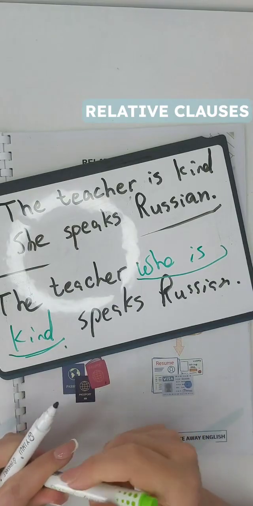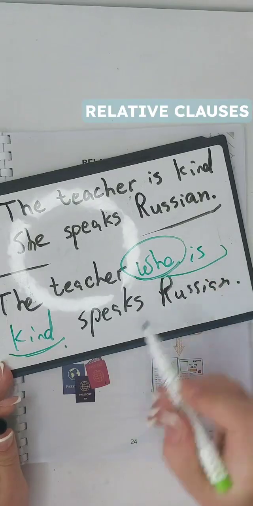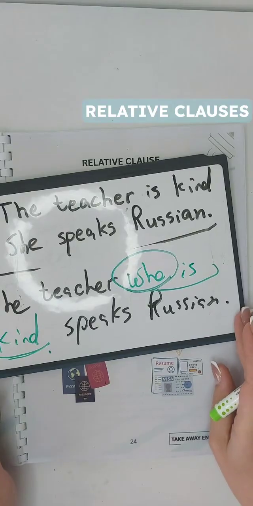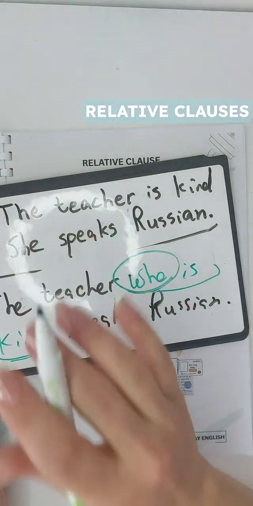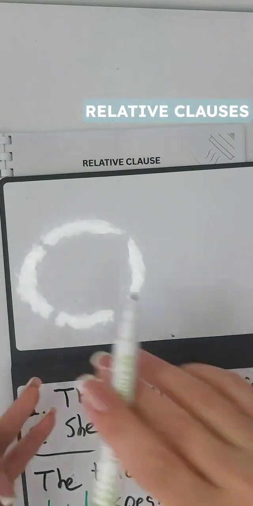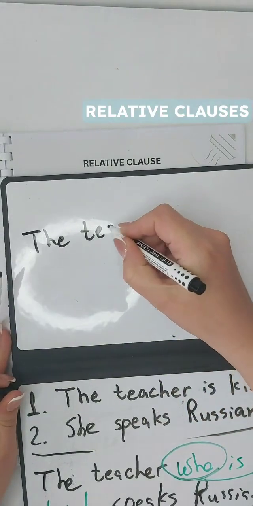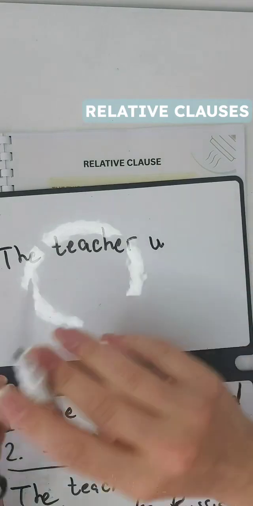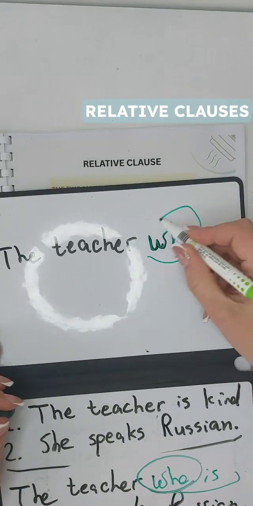Okay, Muhammad, the teacher, and then we need the relative word who, right? The teacher who is kind speaks Russian. We don't need she anymore here, okay? The teacher who is kind, who, we need a relative word, right?